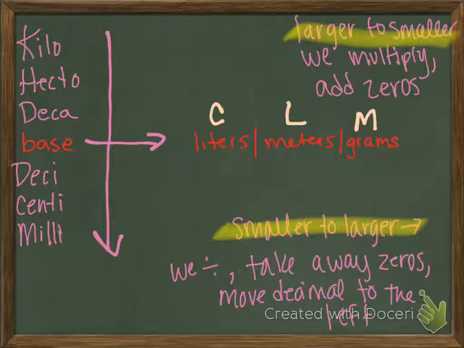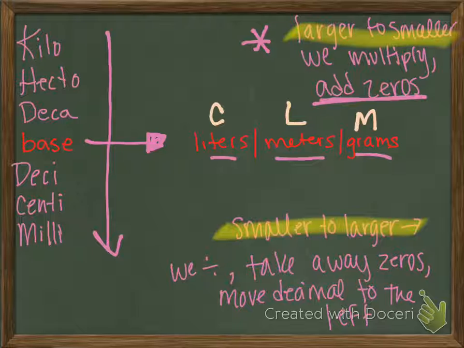And you know that the base will always mean liters, meters, or grams. You just have to know that when we go from larger to smaller, we multiply. We made up the dance for it. We just need to remember add zeros. And then from smaller to larger, we divide. We have to remember we're taking away zeros or moving decimal to the left if there are no zeros to take away.